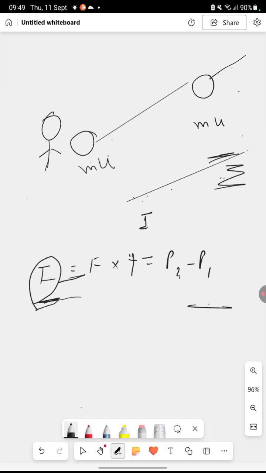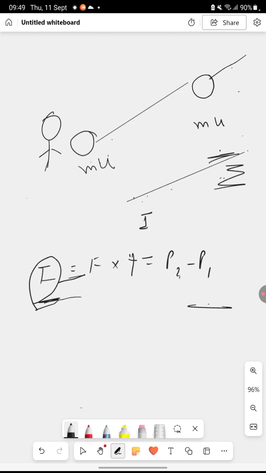But if we catch this ball and stop it at one place, the force is very large, so it may cause injury to the player's hand.